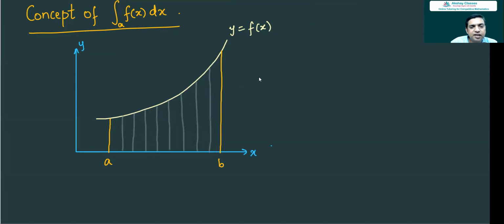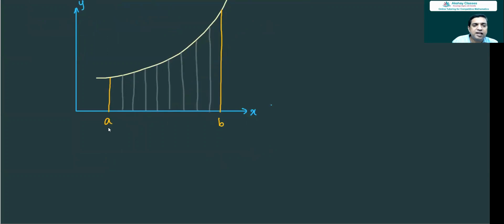Okay, let's divide this into n parts. Now, each one will be, let us say, this is a0. A0 is a, and this is a1. This is a2, so on.